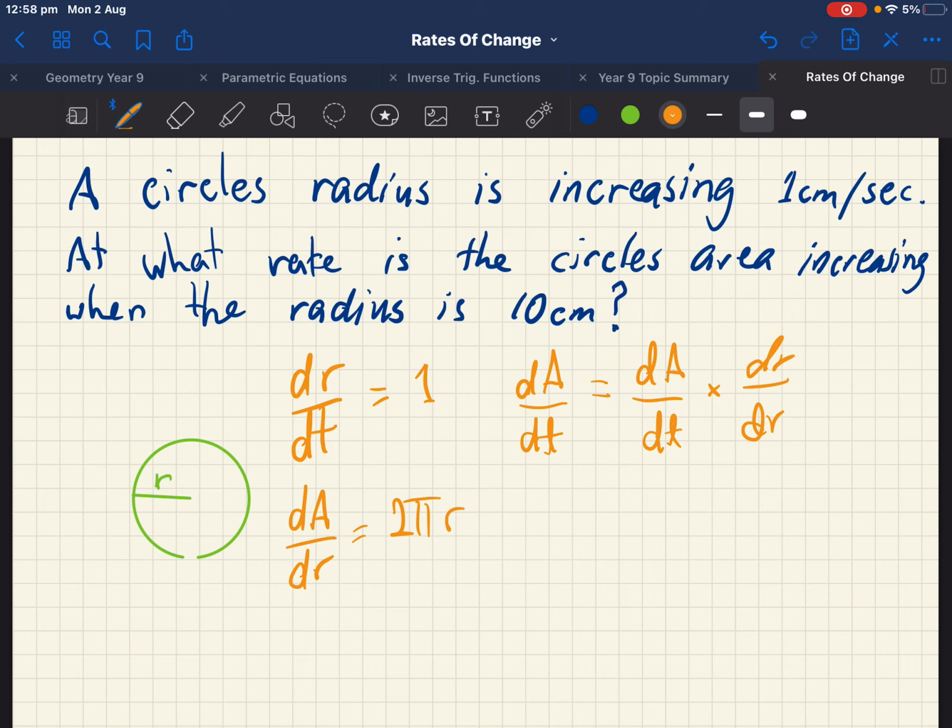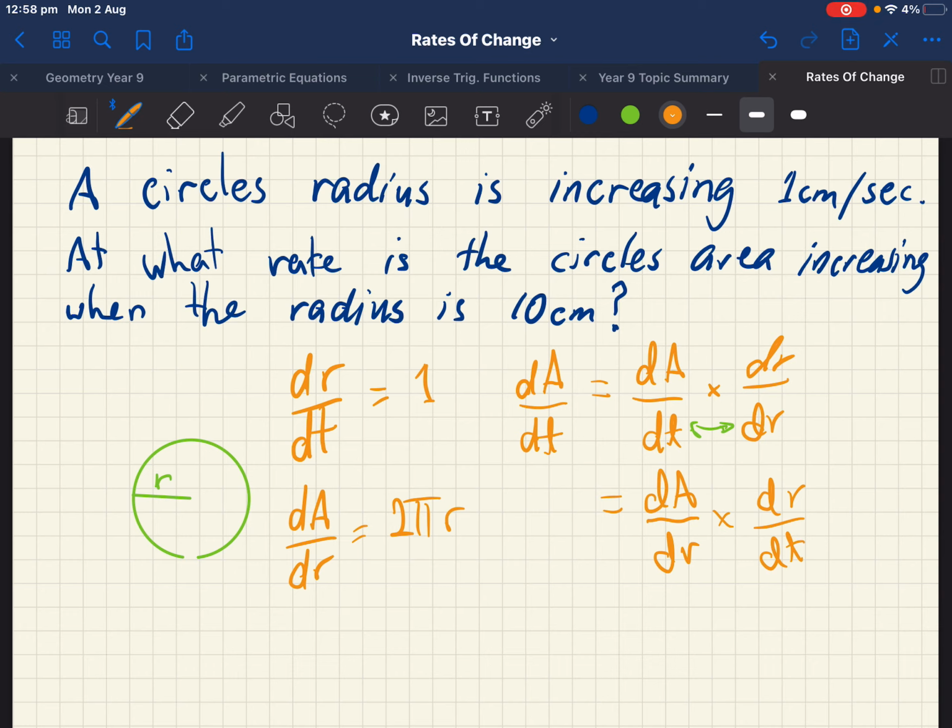But by writing it like this, it allows us to break up our fractions and rewrite it. I'm going to put that dr down the bottom over on this side. And the reason I can do that is because dt times dr is exactly the same as dr times dt.